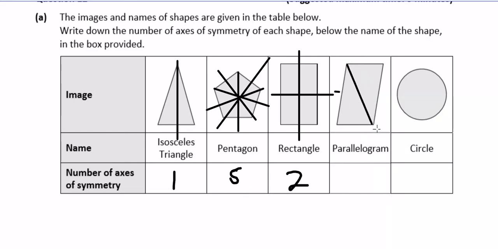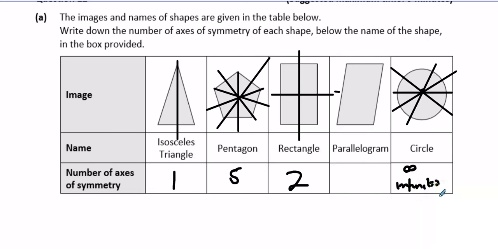You can't fold it that way either, so I'm going for 0 for a parallelogram. Now, a circle has an infinite amount. Once you go through the diameter, you can split it in half, and you can go from any angle you want. There's too many, so you can say infinite or infinity.